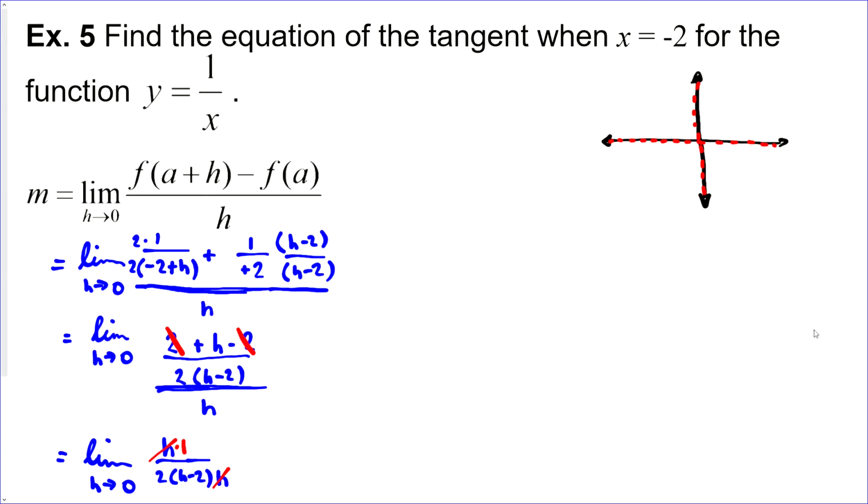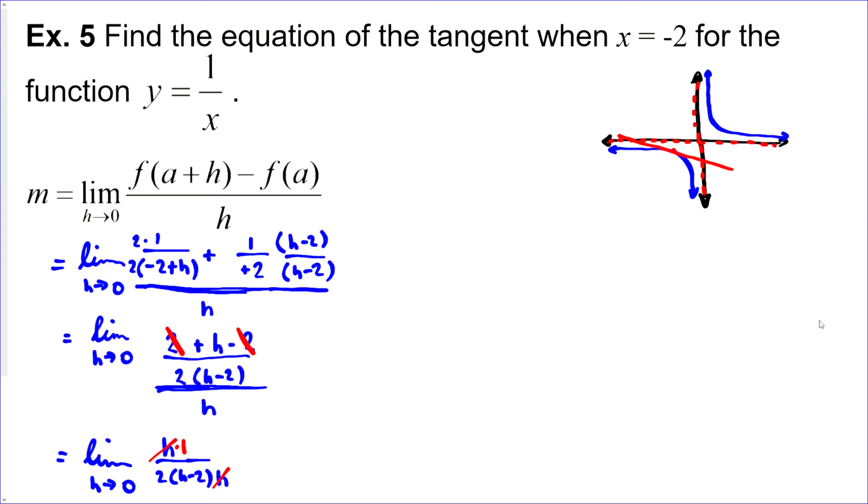Then the graph follows this one along like this until it curves down, and then follows this one along here until it follows that horizontal asymptote. And we're doing the slope of the tangent when x equals negative 2, so that would be about here. And so if I was going to draw a tangent line, it would have a negative slope, and negative 1/4 would seem very realistic for that tangent line.